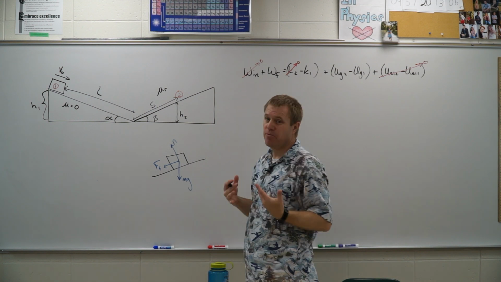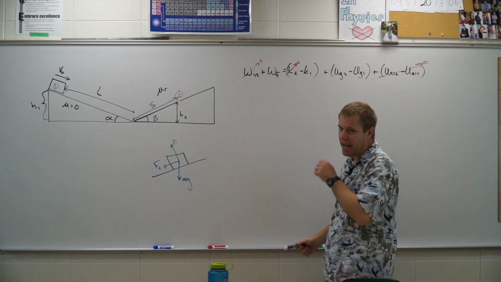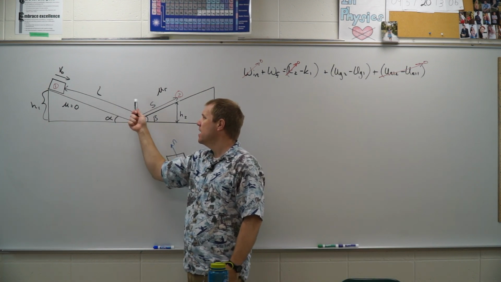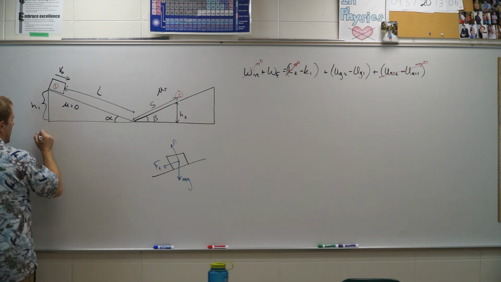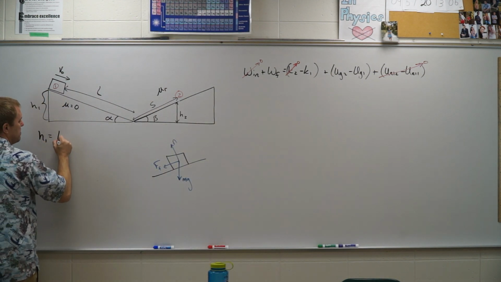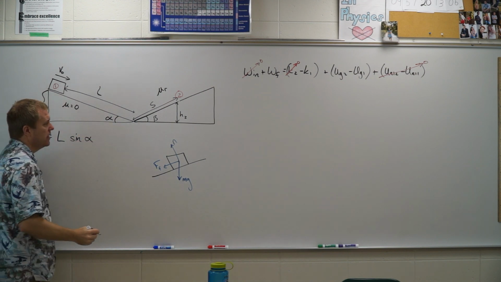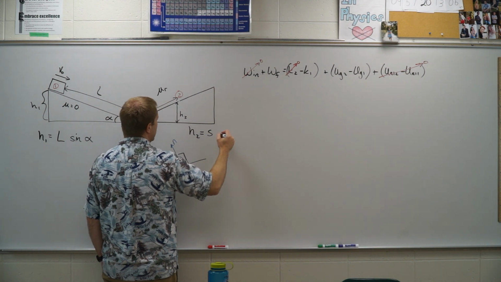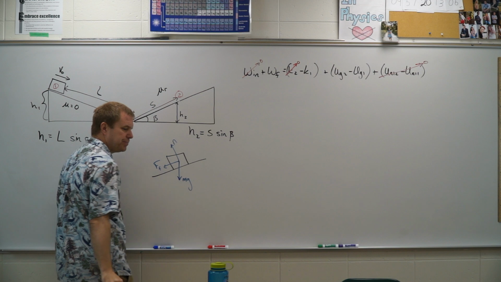So let's see if we can figure this out. In order to deal with H2 and H1, in terms of the variables we're given and the variable we're looking for, we will have to do a little bit of effort here. H1 is going to be L times the sine of alpha, and H2 is going to be S times the sine of beta.